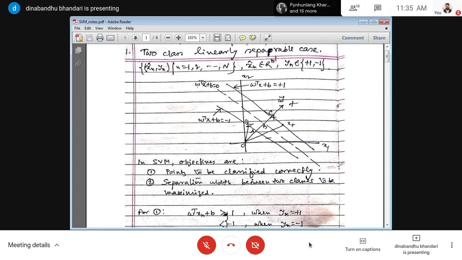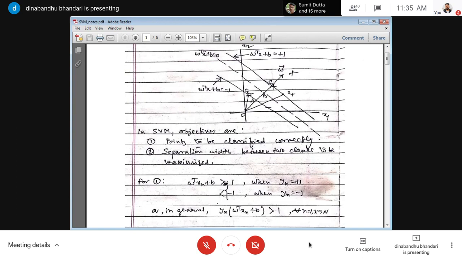Just we have adjusted this W such that these lines become like this, such a simple one. Actually here the primary objective is to make this right side as plus 1, so that we can generalize this one, right? This is one very good thing.